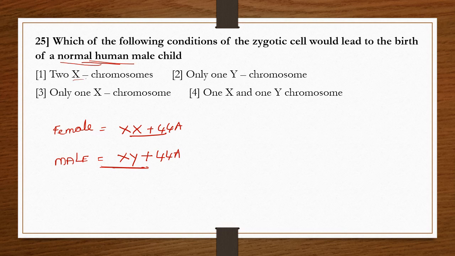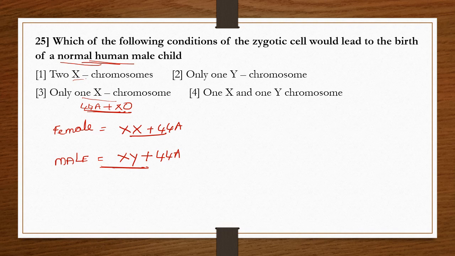Only one Y chromosome does not exist in humans. Only one X chromosome is represented as 44A plus X0. This condition we see in Turner syndrome, which is a genetic or chromosomal disorder.